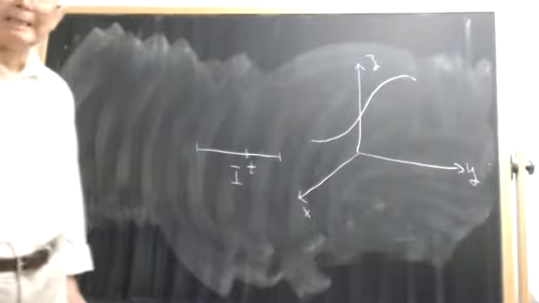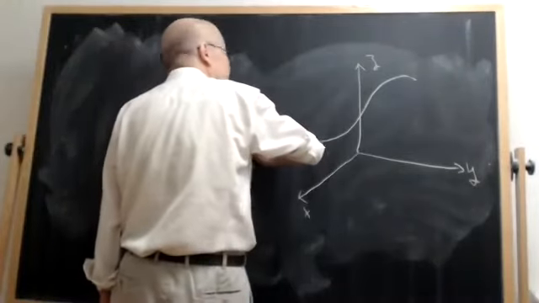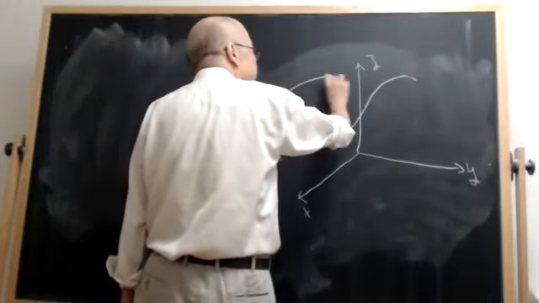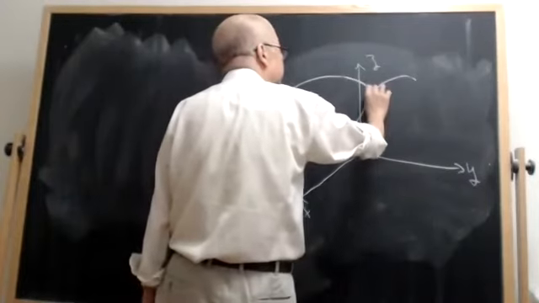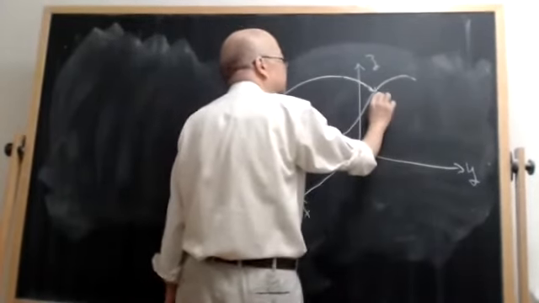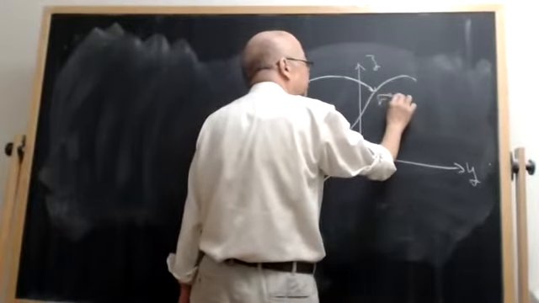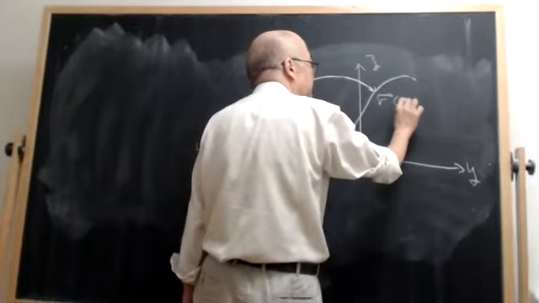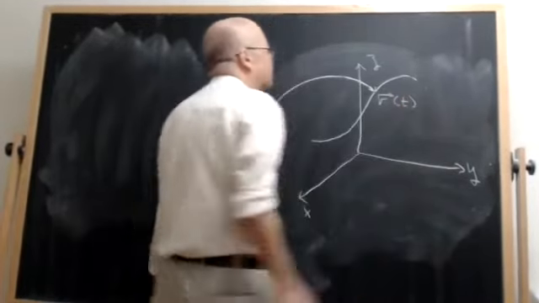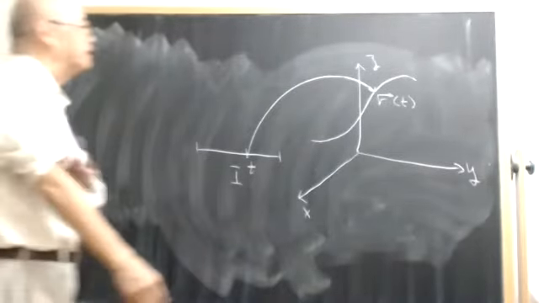And then there is a point on the curve corresponding to it. Right? This is the curve.